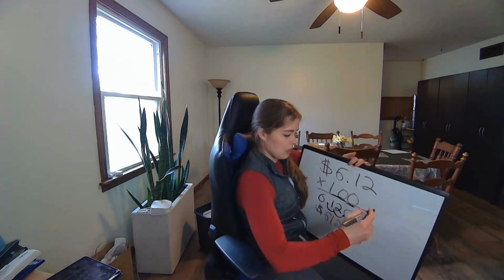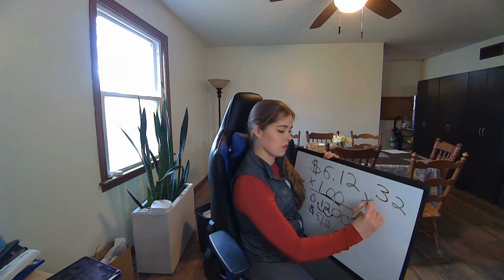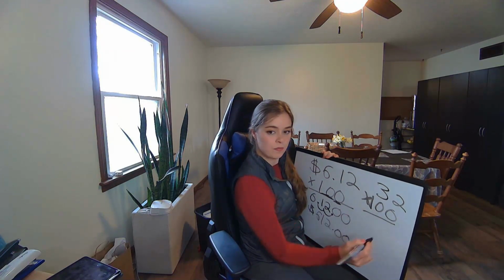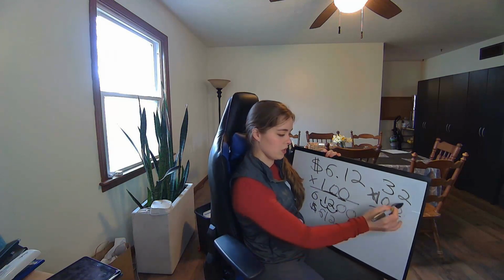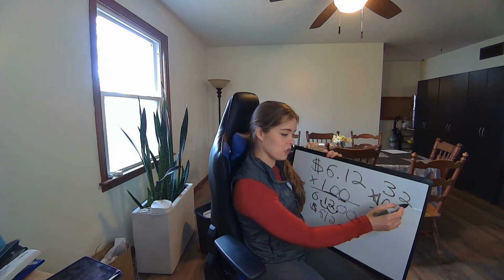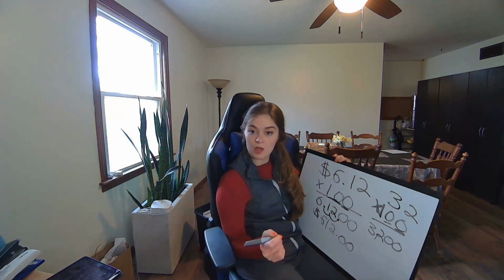Okay, I want you to try to do this one mentally. What is 32 times 100? So, 32 times 100. How many zeros do we have? 2. We're going to add 2 zeros onto 32. So we get 3,200. All right.